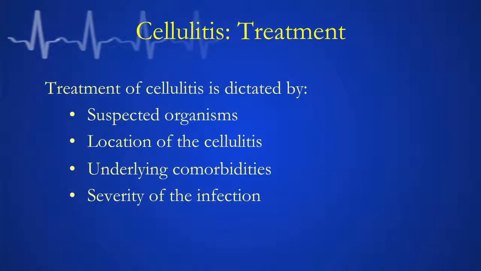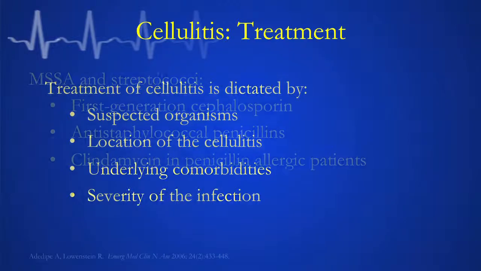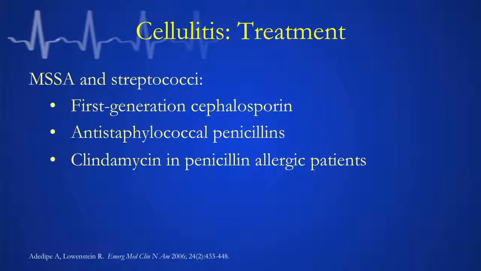Treatment is dictated by what you think the suspected organism is, where the location is, your underlying comorbidity such as diabetes, and obviously the severity of the infection. So if you think that it's methicillin-sensitive Staph aureus or streptococci, you can do a first-generation cephalosporin.